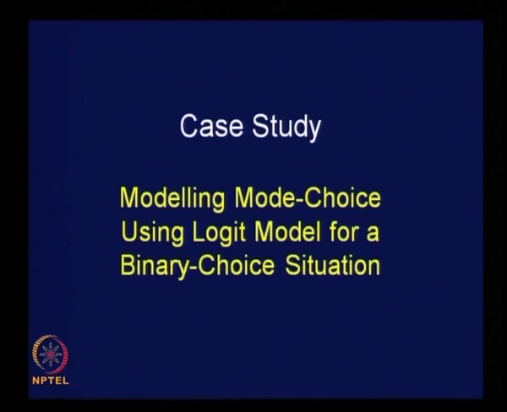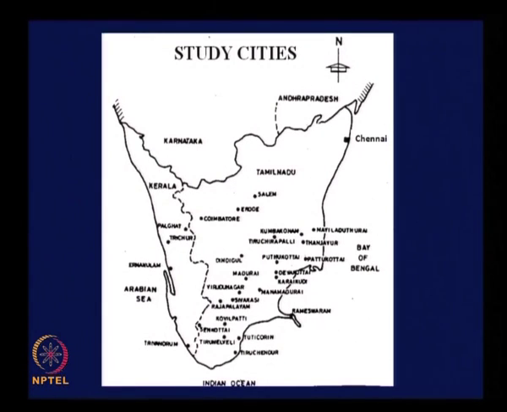The cities considered for this particular case study were spread over space covering 2 states, Tamil Nadu and Kerala, and you can see there are 4 cities involved in the state of Kerala: Trivandrum, Trichur, Palakkad and Ernakulam, and 22 cities apart from Chennai are in Tamil Nadu state.